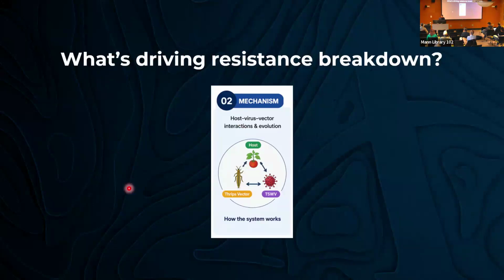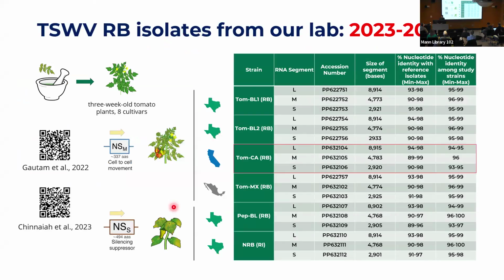So the first big question we asked is what's driving resistance breakdown at the molecular level? Our 2023 field season started with 6 different isolates. I might use the terms isolate and strain interchangeably.